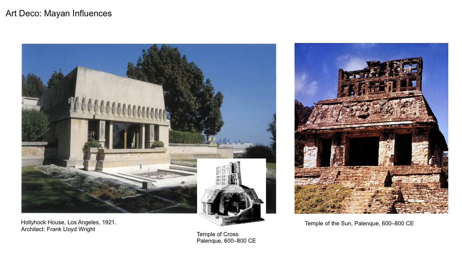Putting this temple form forward as if it was something new, something of his own invention, when of course it so clearly mirrors the work that he was looking at as he thought about designing this pavilion, such as the Temple of the Sun in Palenque, or the Temple of the Cross in Palenque. This Mayan roof comb inspired so many projects throughout the 1920s, without giving credit to the Mayans for this architectural invention.